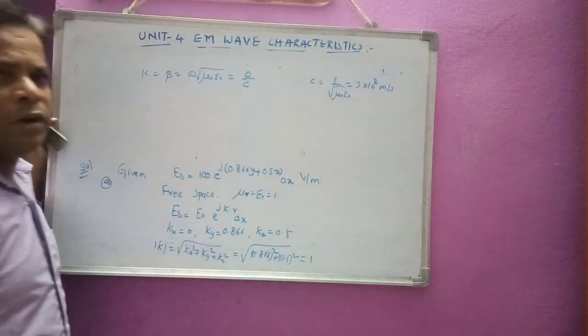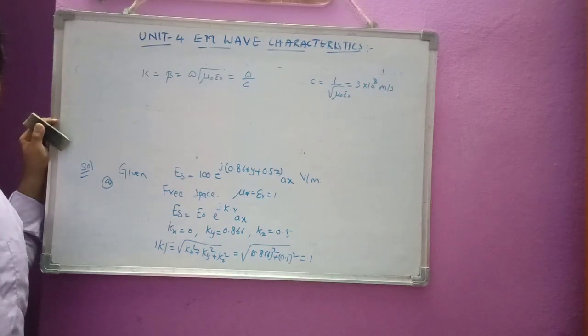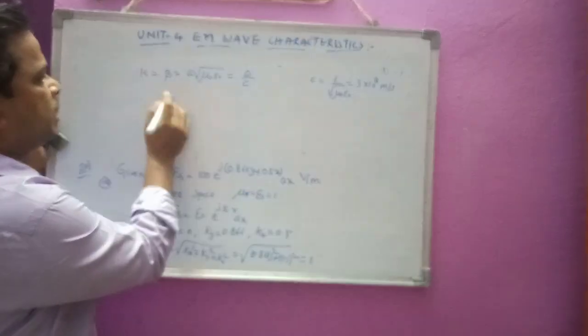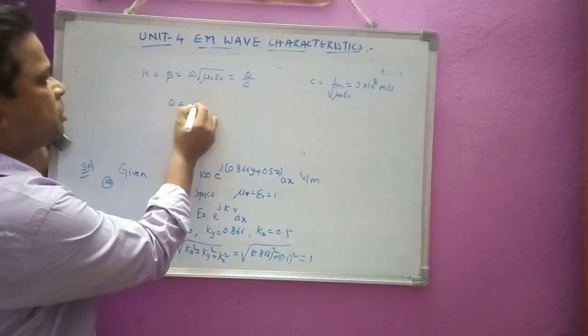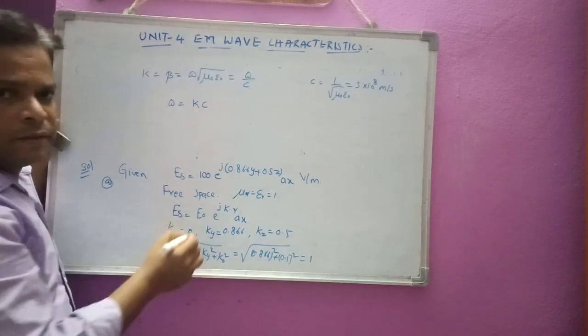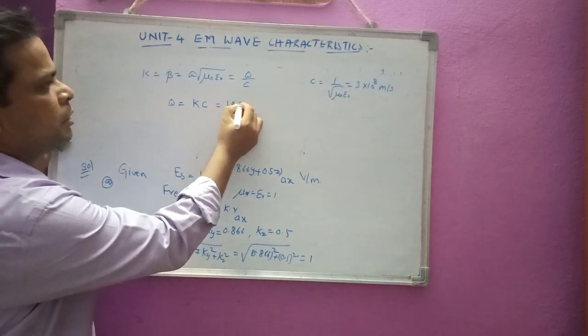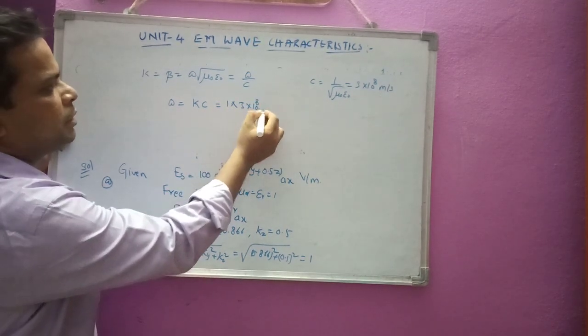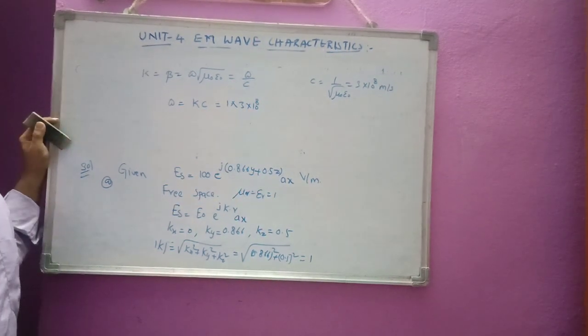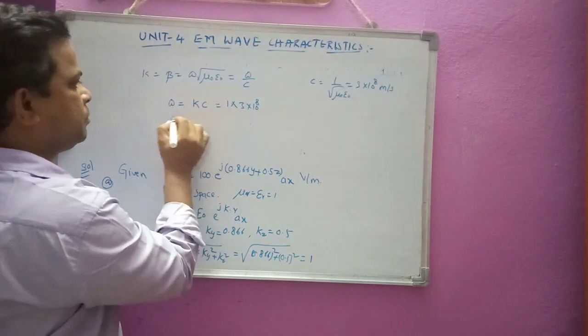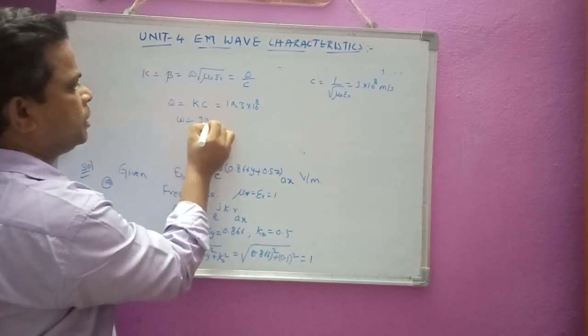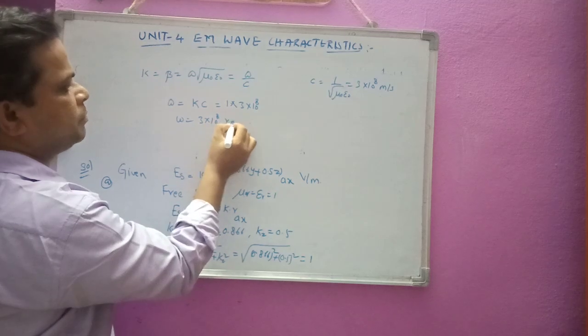So this is the value of velocity of light in free space or vacuum. So omega is equal to k into c. The value of k we have found already, that is 1, so 1 into 3 into 10 to the power of 8, it will be equal to 3 into 10 to the power of 8 radians per second. Omega is equal to 3 into 10 to the power of 8.